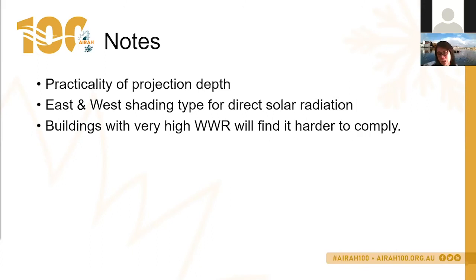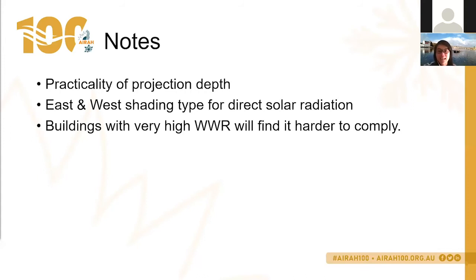And then the issue is that in the deemed to satisfy requirements under Section J for wall glazing performance, it only looks at horizontal shading projections. So if you had anything that was vertical, or if you had some louvers or brise soleils, then you need to go through a performance solution rather than using deemed to satisfy.